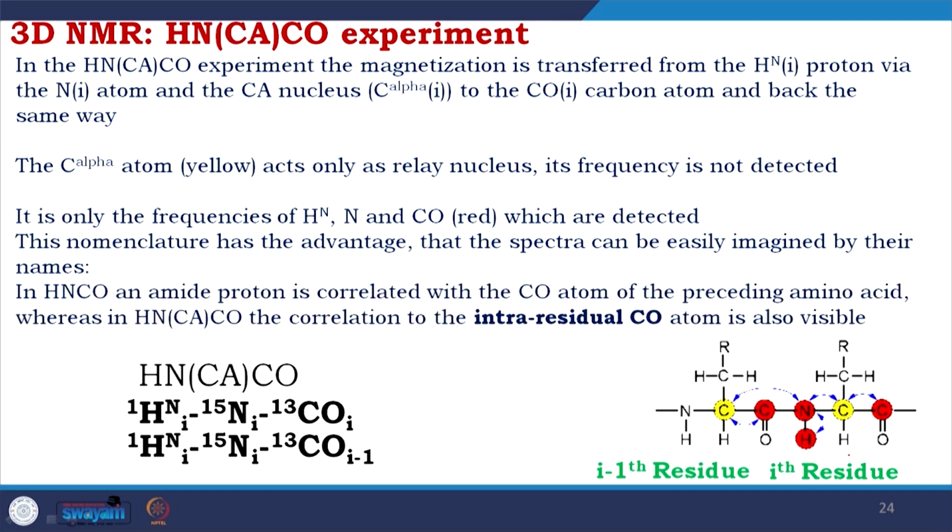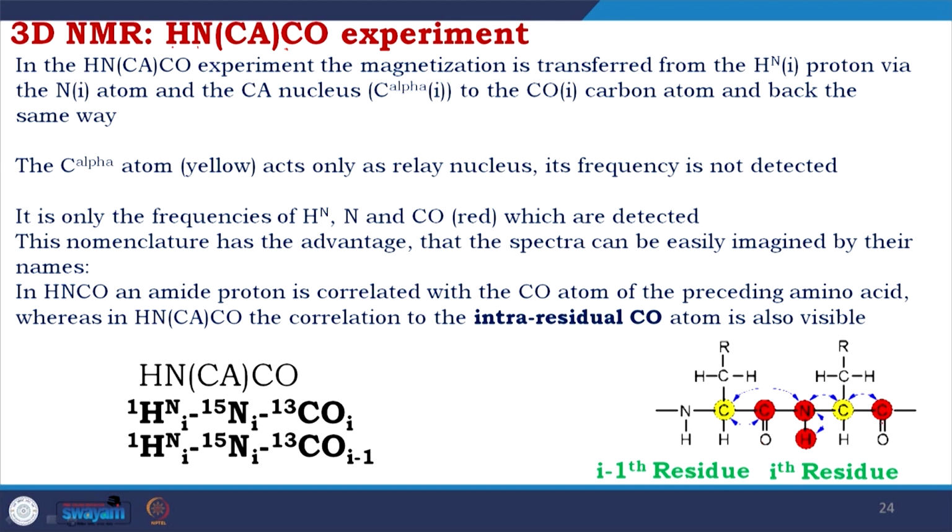You look at the name HNCACO, you know that there is involvement of H, N and CO. H is connected to the nitrogen, nitrogen is connected to the one carbonyl, and the CO is used here.